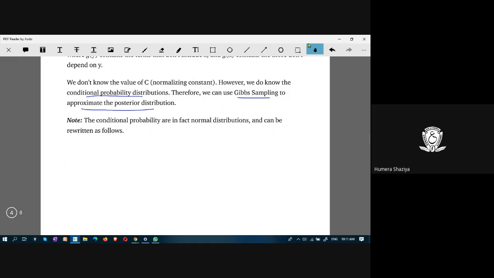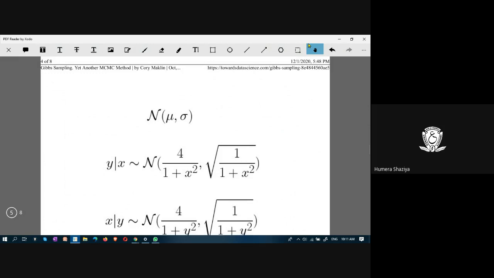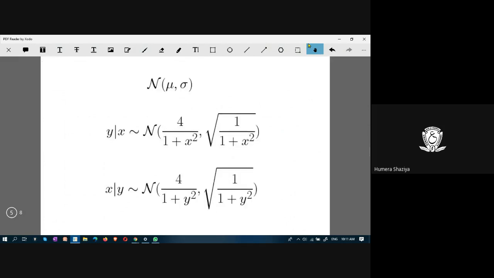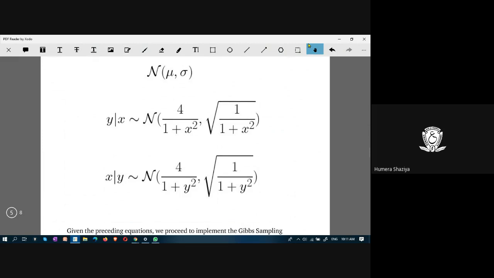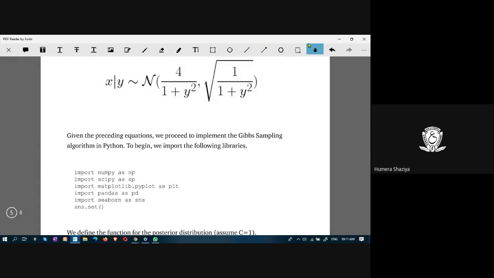The conditional probabilities are in fact normal distributions and can be rewritten as this. These are all normal distributions. From statistics, we know this normal distribution with mu and sigma, you generate it, and then you put all the values in to obtain this conditional.